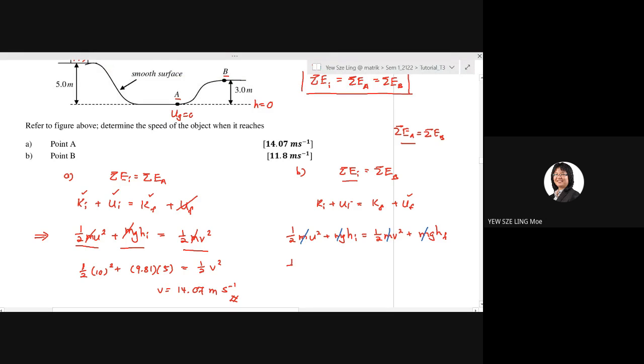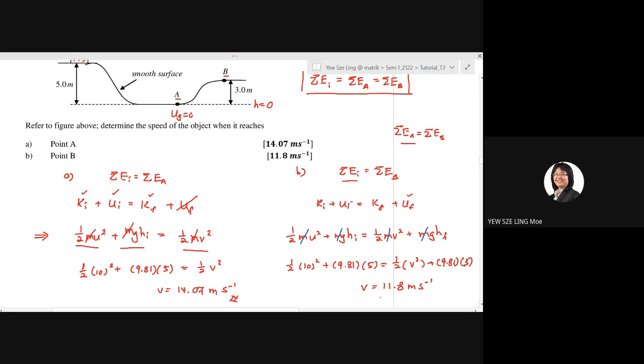So 1/2 times 10 squared plus 9.81 times the initial height equals 1/2 v squared, where v is the thing you want to calculate, plus 9.81 times 3. Therefore v equals 11.8 meters per second. So that is the answer.